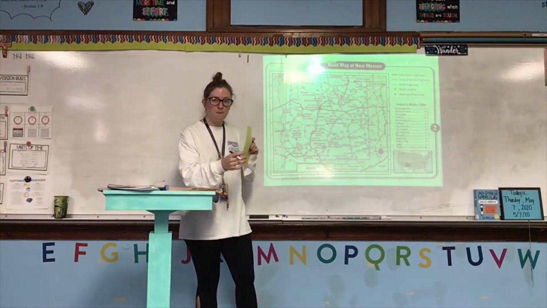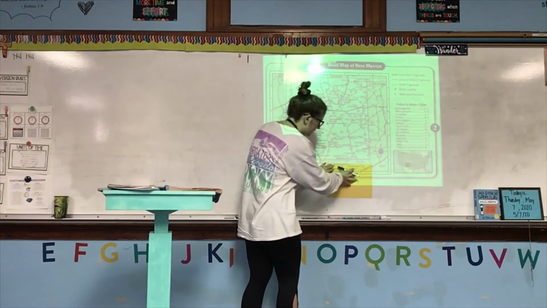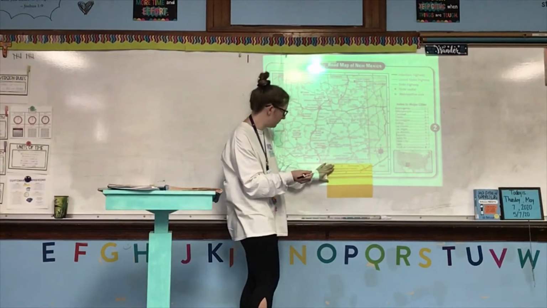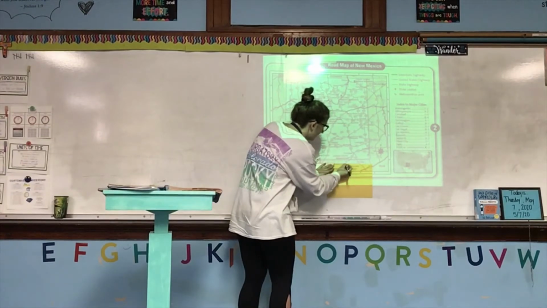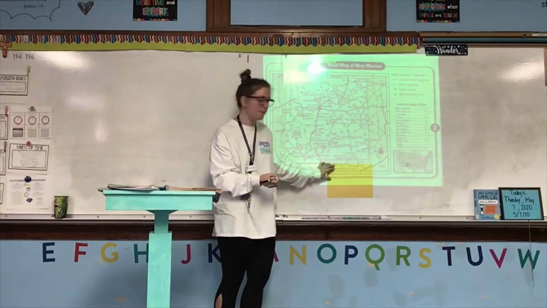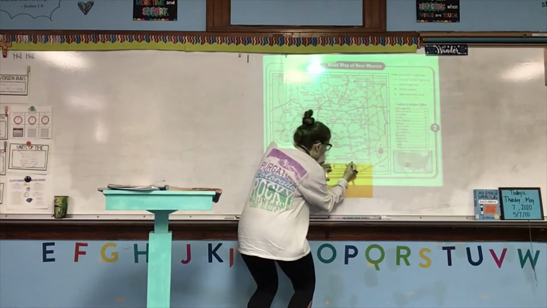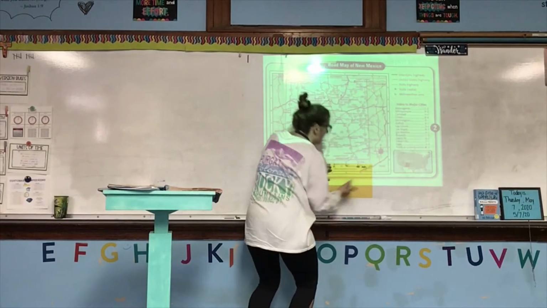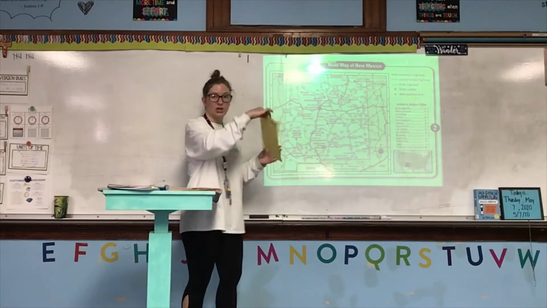Line the top of your Post-it note up with the miles, and then go ahead and make a mark at 0 miles, 50 miles, and 100 miles, and then label it: 0, 50, and 100 miles.